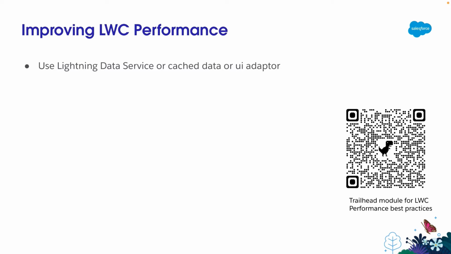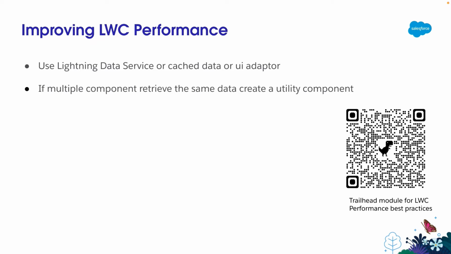Now, the advantage of using Lightning Data Service is it has a baked-in cache layer for you. So instead of having your component go back to the server every time, there's a middle layer called cache, so that the data can be retrieved from the cache, avoiding multiple round trips to the server.